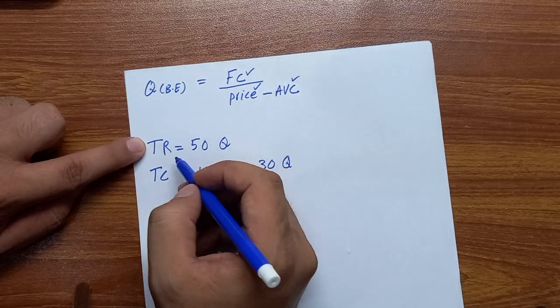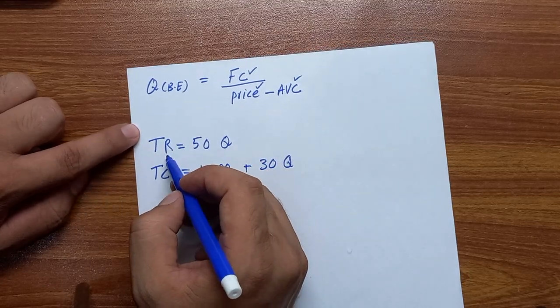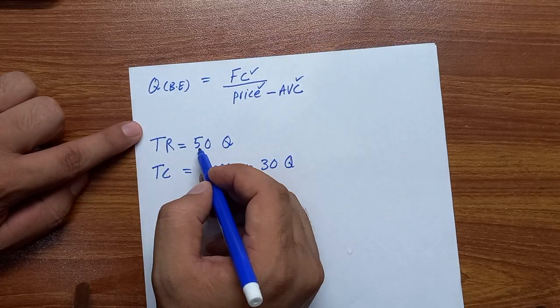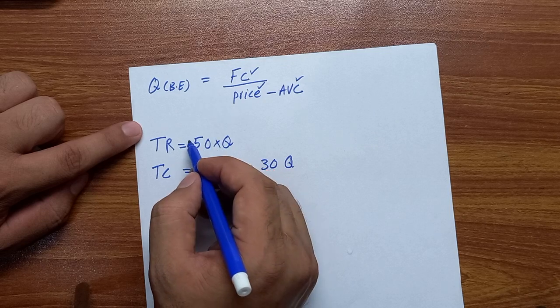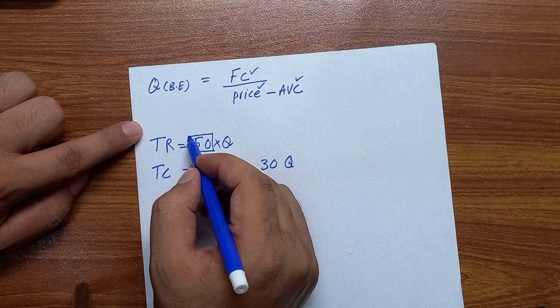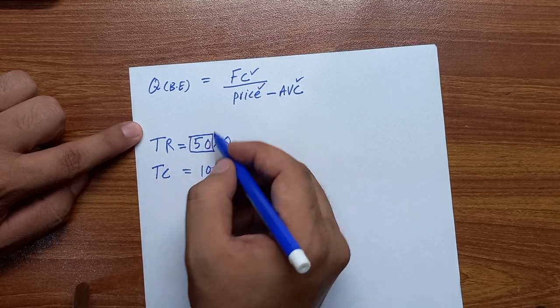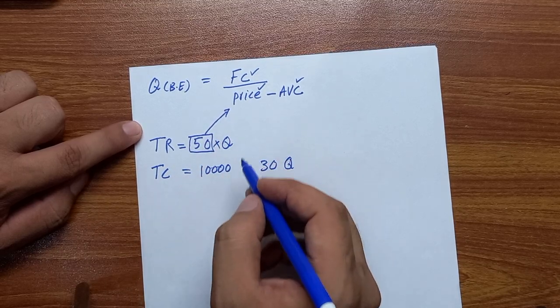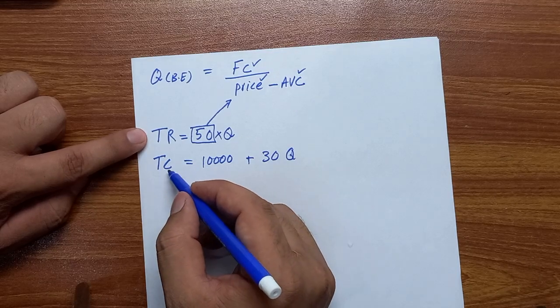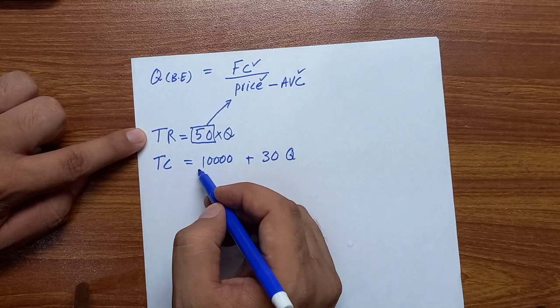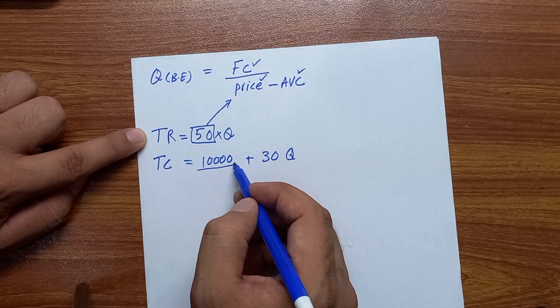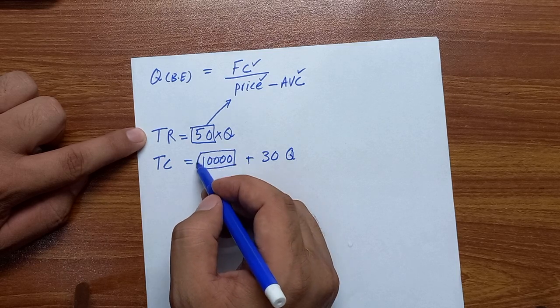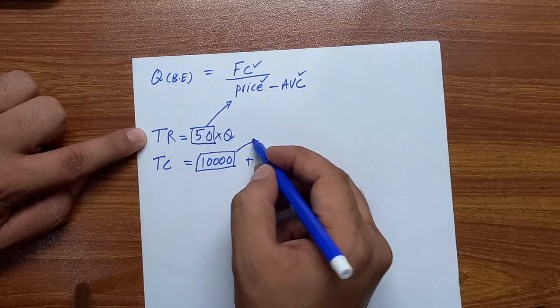Total revenue is quantity multiplied by price, so this is the price. In total cost, those terms without any variable we consider fixed cost, so this is our fixed cost.